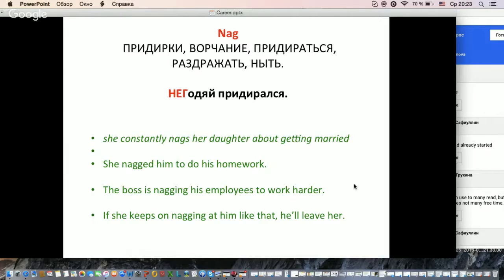Он ворчал на него, чтобы тот сделал свою домашнюю работу. The boss is nagging his employees to work harder. Босс ворчит на своих работников, чтобы те работали более усердно. If she keeps on nagging at him like that, he'll leave her. Если она продолжит так к нему придираться, то, вероятно, он ее покинет. Nag.